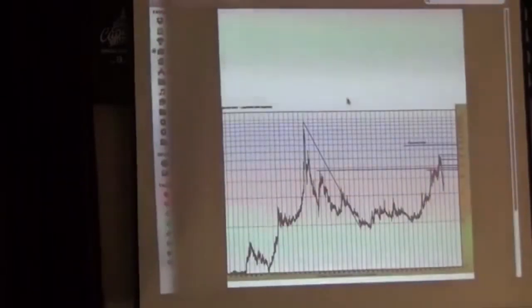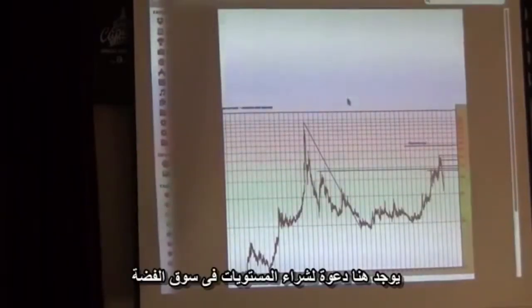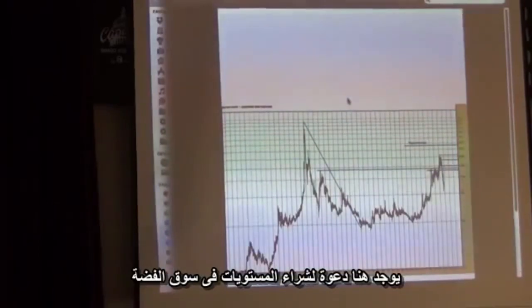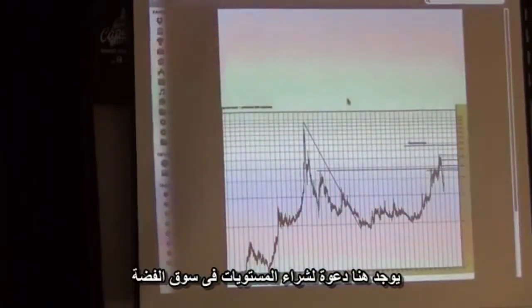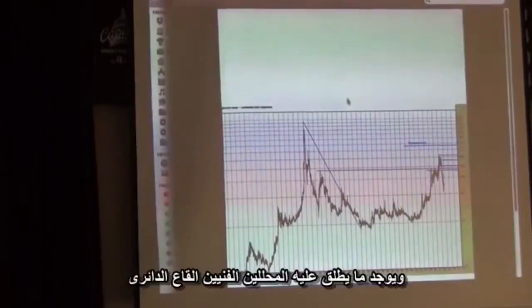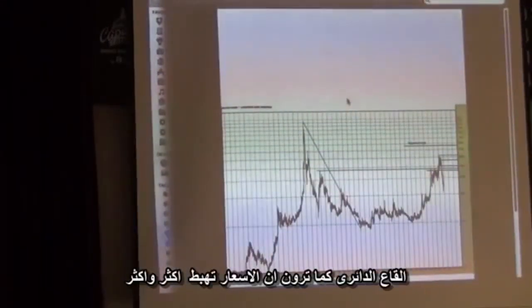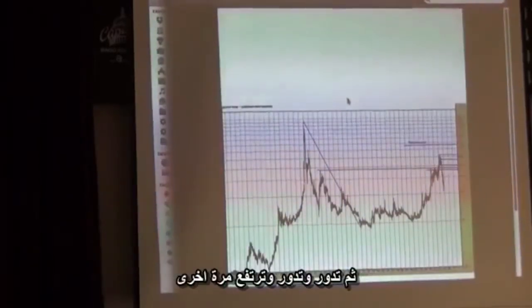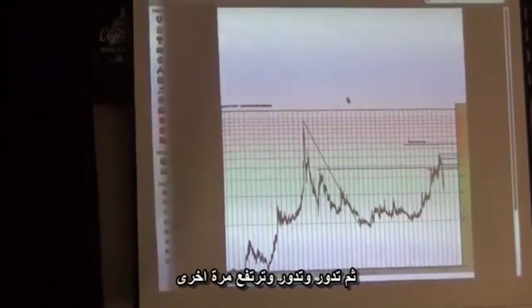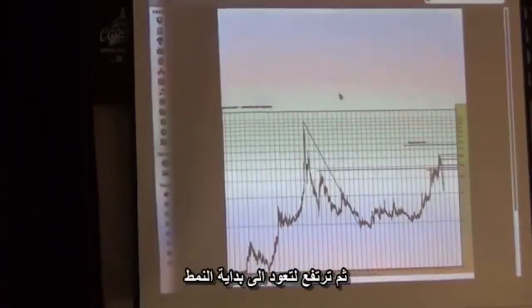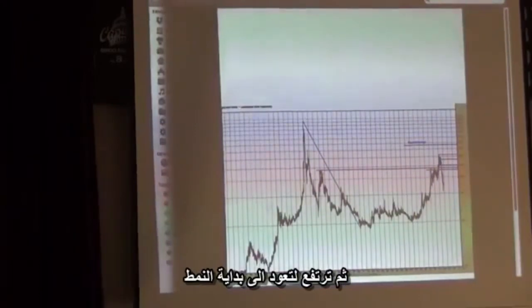is an invitation to buy LEAPS. This is the silver market, and it's what technicians call a rounding bottom. A rounding bottom, as you can see, prices go down and down and down, and they round and round and round. They labor back up until they get to where the pattern started.